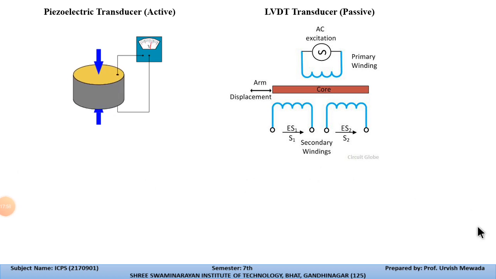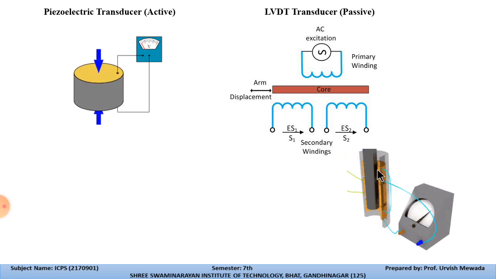This animation shows the hollow bobbin in which we are moving this core. On the bobbin we have the two windings, the primary winding and two secondary windings, both connected in differential manner. When this core reaches the center, the galvanometer shows null, when this core goes upward, the galvanometer shows the positive displacement, and when the core goes downward, the galvanometer shows the negative displacement.